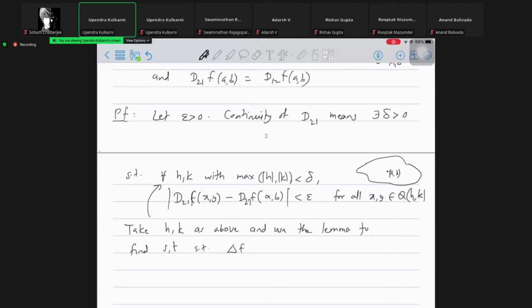Delta FQ, that 4-term quantity, is equal to H times K times D21 of f at (S, T).